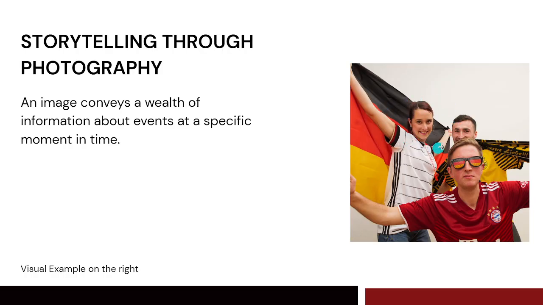We can see that they are Bundesliga fans, because there's the flag of Germany in the background. This photograph has explained much more to us than what we would have found in text. So an image conveys a wealth of information about events at a specific moment in time.